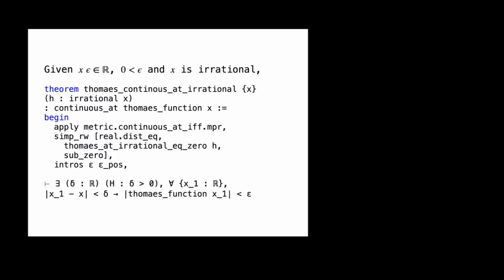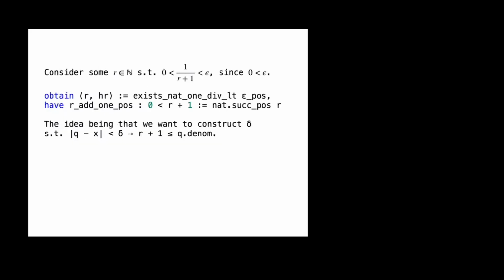So at this point, here we have our goal statement. Right after we call Metric.continuousAt_iff, we simplify as much as possible, which simplifies some of the distance functions at the end, and then we introduce our epsilon and epsilon positive.